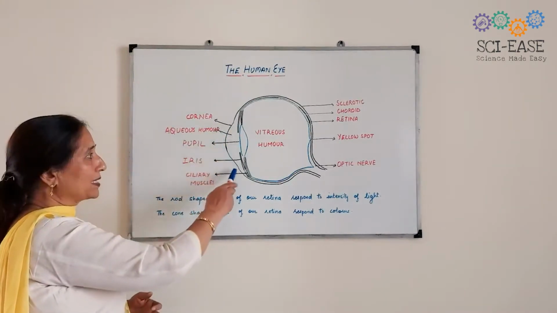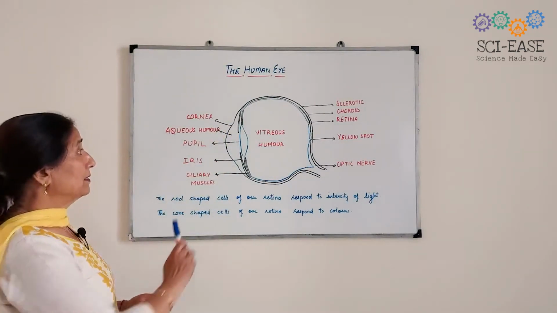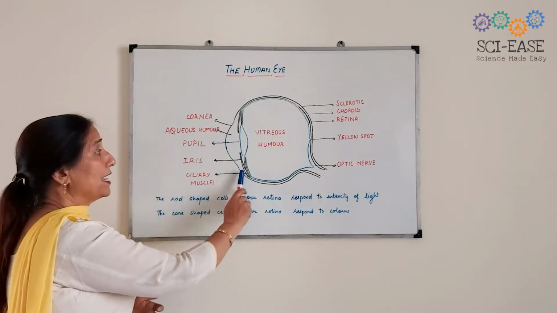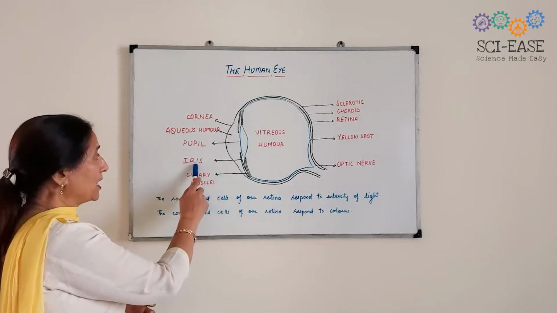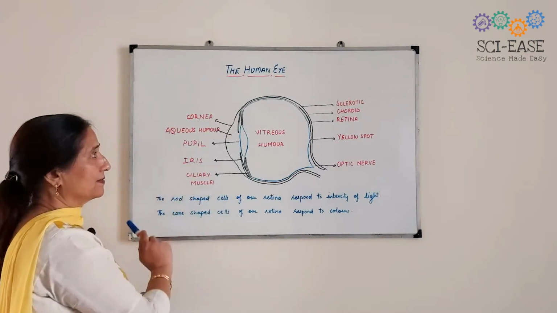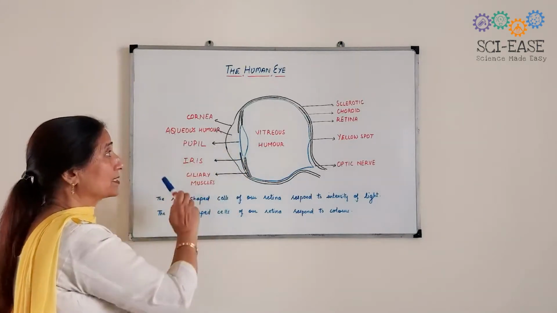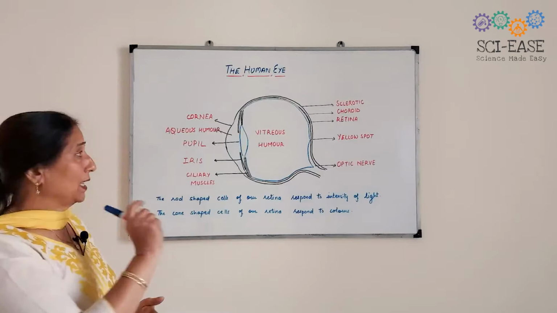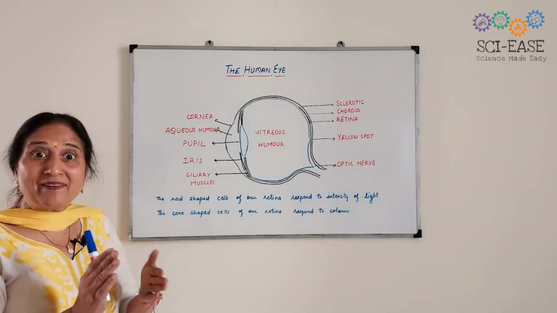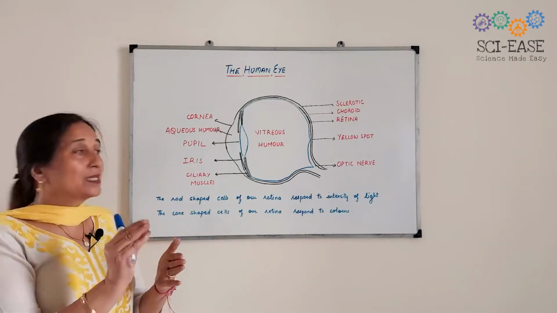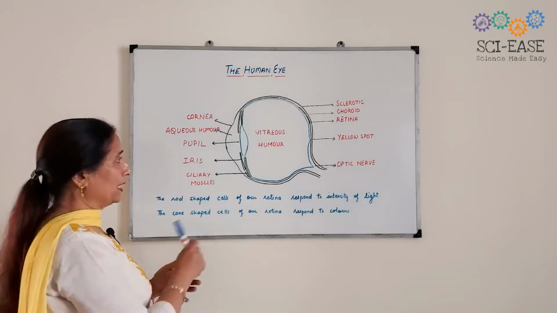It's just a convex bulge, and just behind it is the iris. The iris controls the hole, and this hole is known as the pupil.